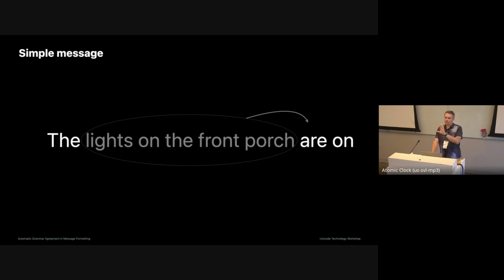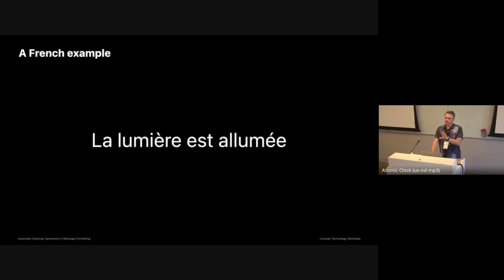So we have that English example now. Now we're going to go back to French and try to look at the light is on. I'm not going to try to pronounce this French phrase because I know that my French pronunciation is pretty bad. It's atrocious. But the point here is that the light is on in French. Similar situation, you might think that, okay, all I need to do is change the equivalent of is, and I'm good to go.